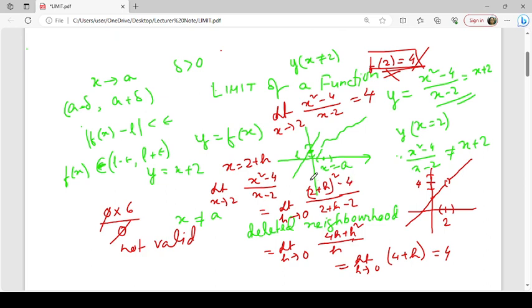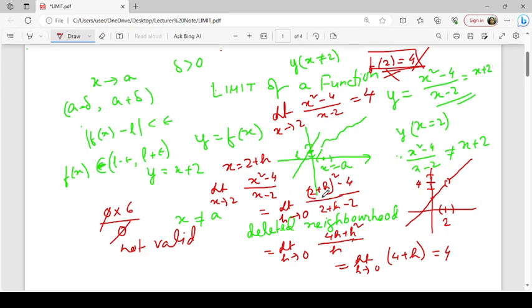When we do mathematical calculations, we write this as not equal to 2, because it is a deleted neighborhood, so x is never equal to 2. This is the main concept of limit.